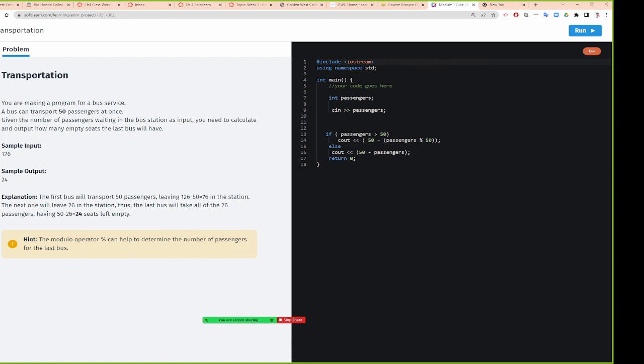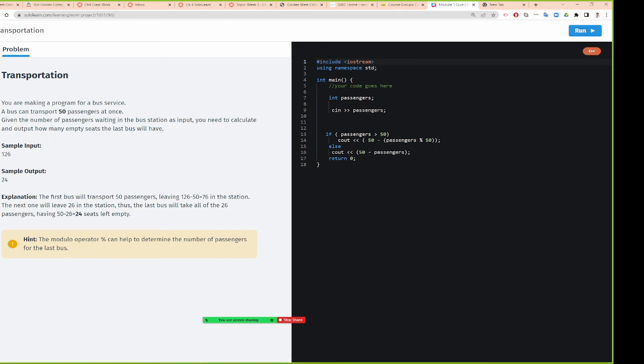All right, so remember, you are going to do this. The first bus will transport 50 passengers, right? So we first see how many passengers are here. If passengers are greater than 50, then 50 minus passengers mod 50.